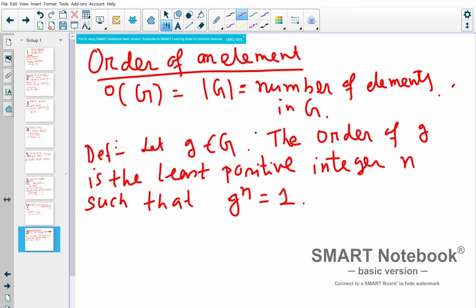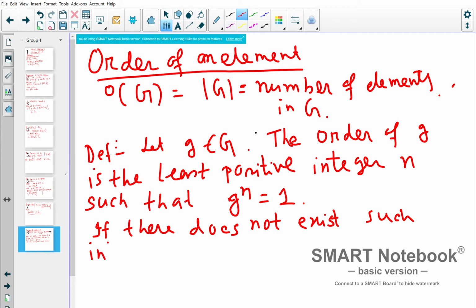And if there does not exist such an integer, then we say g has infinite order.